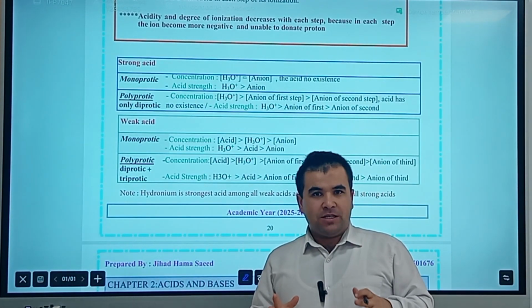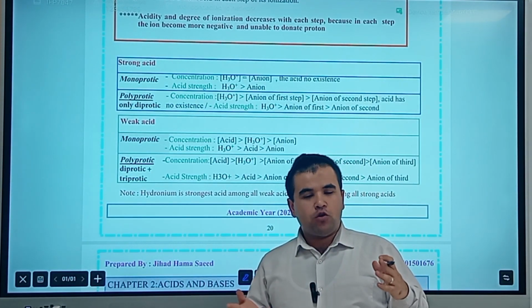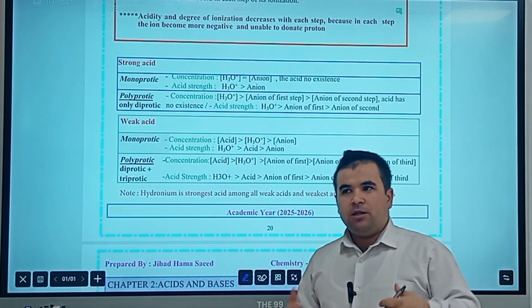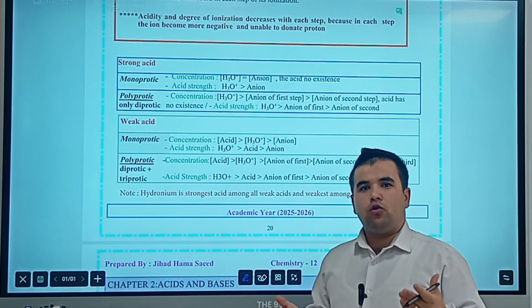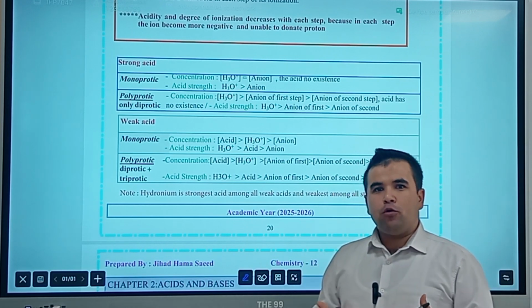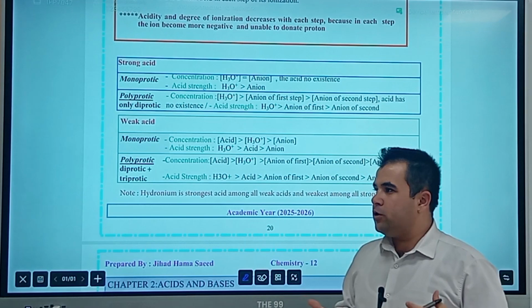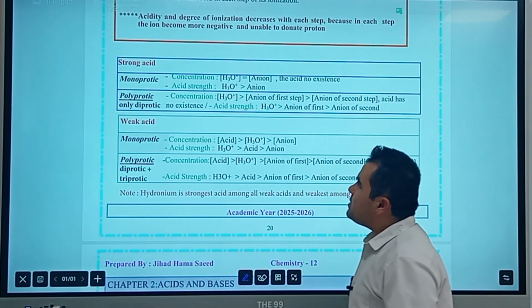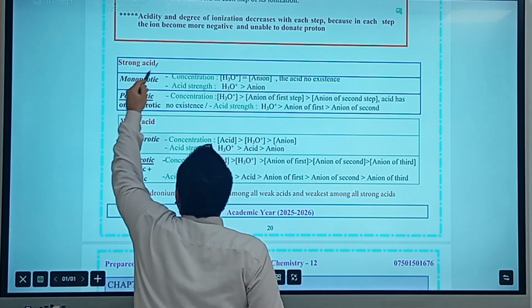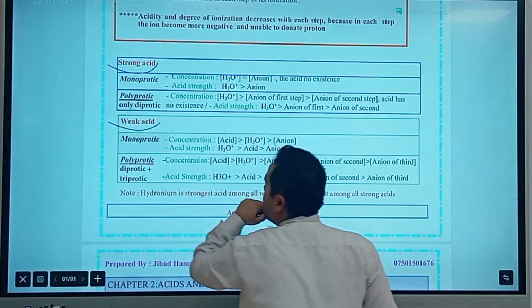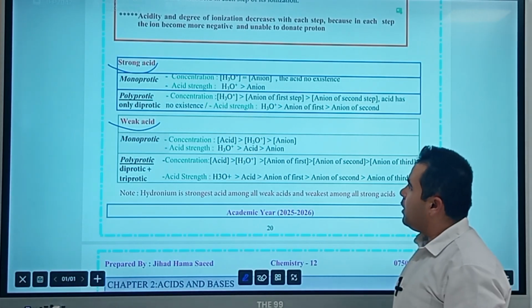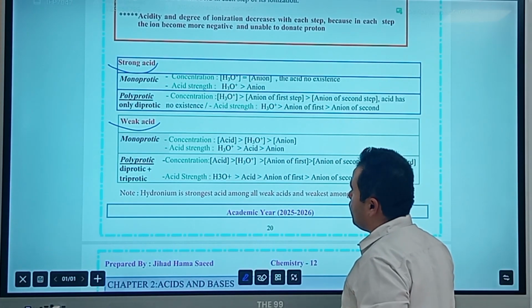Monoprotic and polyprotic. Monoprotic refers to those acids that contain a single proton, and polyprotic more than one proton, which we have as diprotics and triprotics as well. Diprotics have 2 protons, triprotics 3 protons. Guys, for every one of these we have strong and weak. Let us talk about the strong monoprotic and strong diprotic, and then we'll be talking about the weak ones as well.